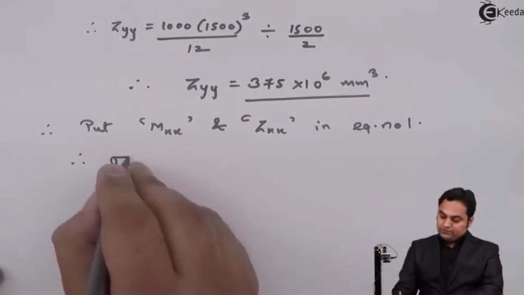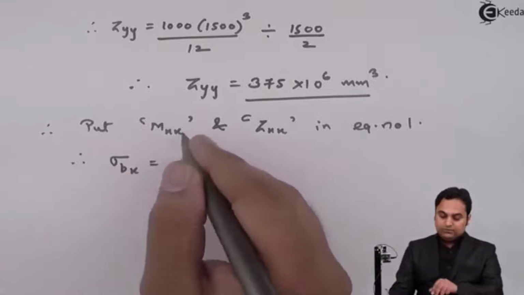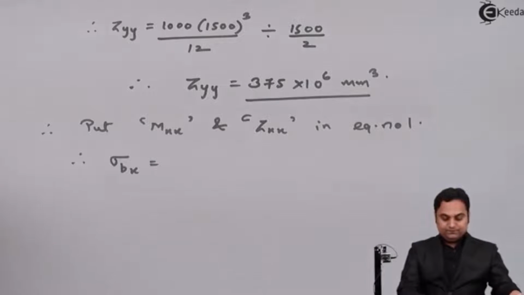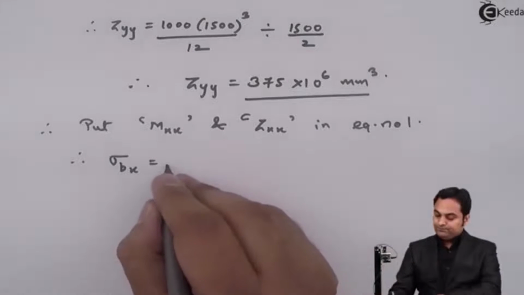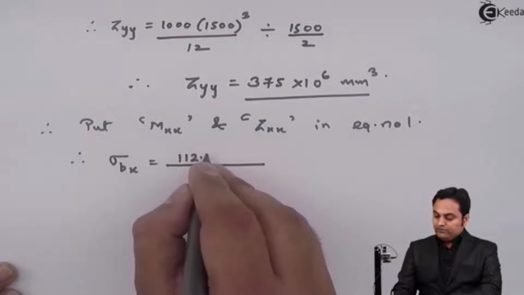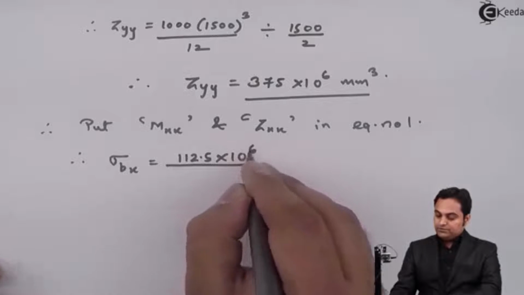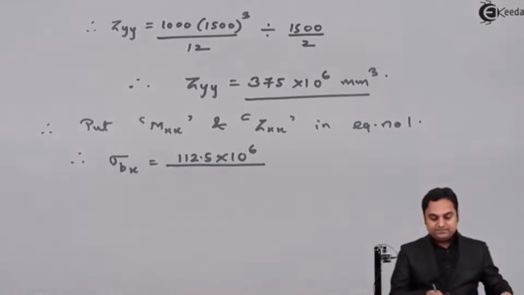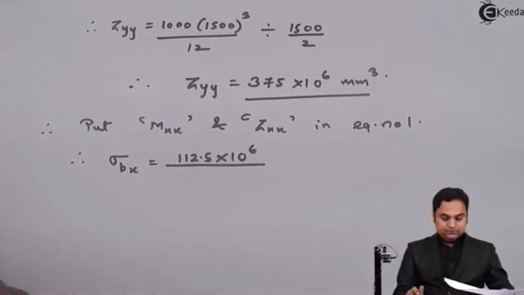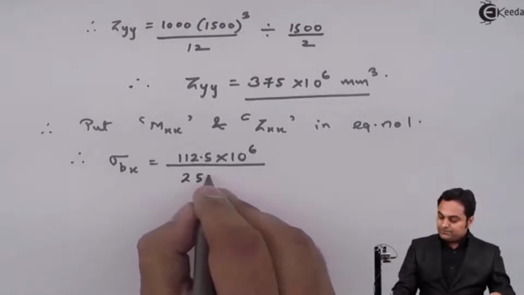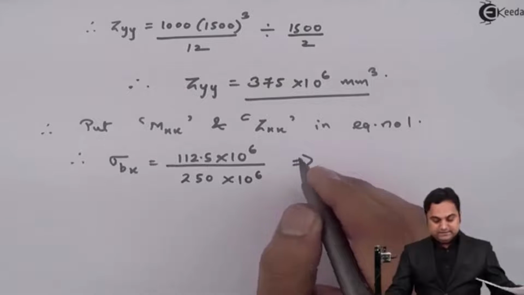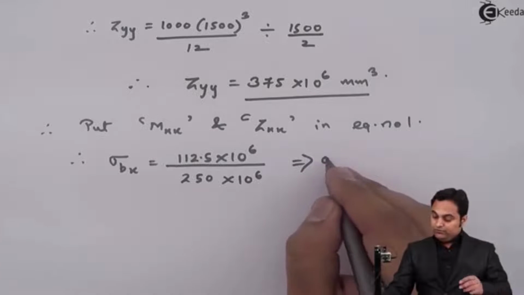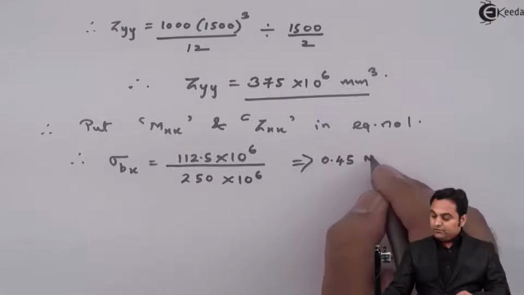Sigma bx is equal to Mxx, it was 112.5 into 10 raised to 6, divided by Zxx, 250 into 10 raised to 6. So sigma bx is 0.45 Newton per mm square.